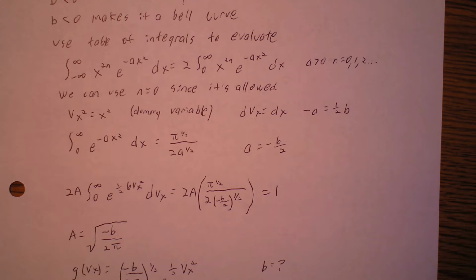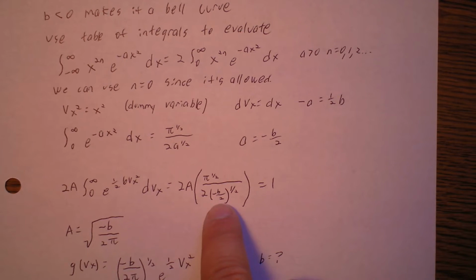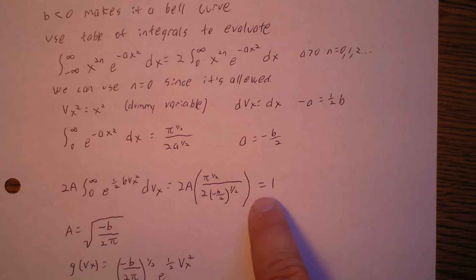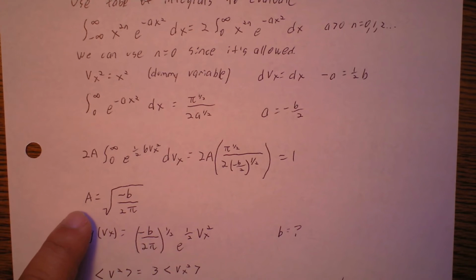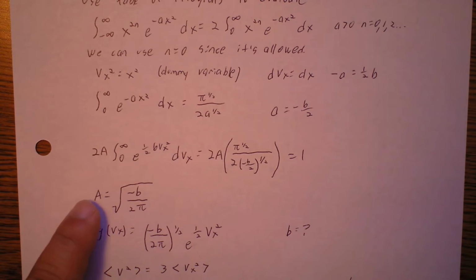And that's equal to 2 times a times this whole quantity, the square root of pi over 2 times minus b over 2, to the 1/2 power. And that's equal to 1. So what we get is that a is equal to the square root of minus b over 2 pi.